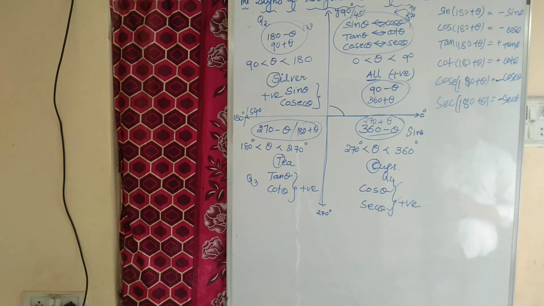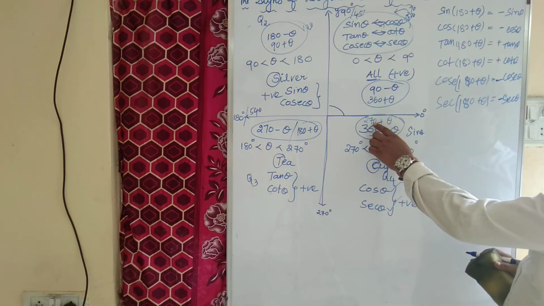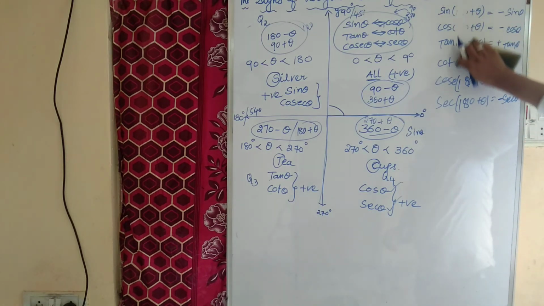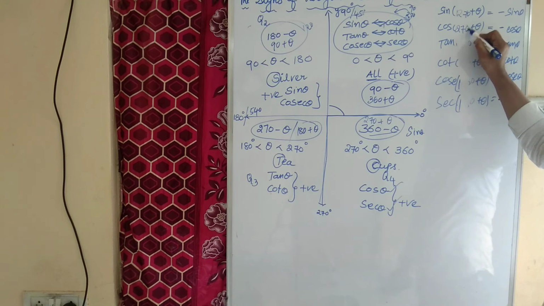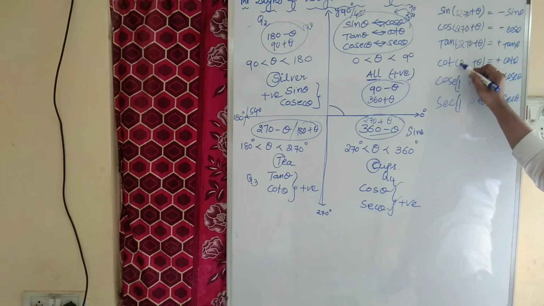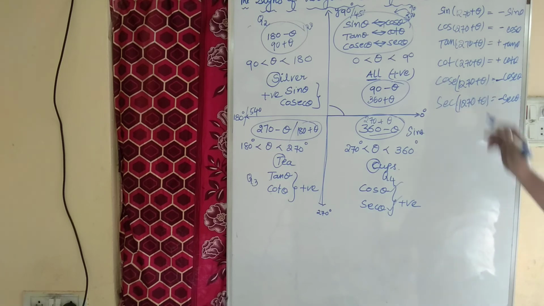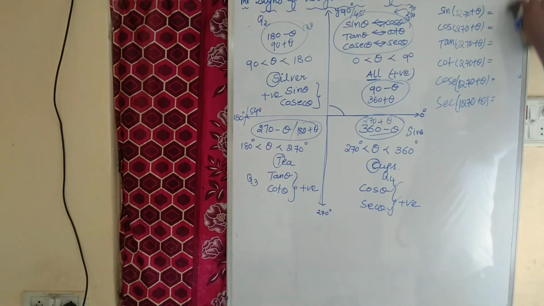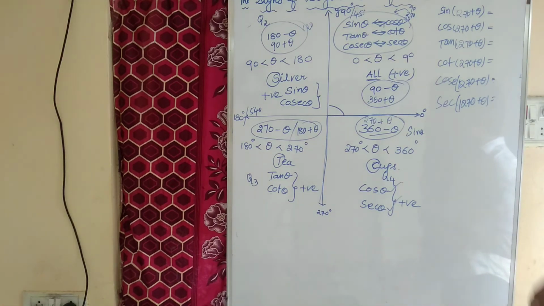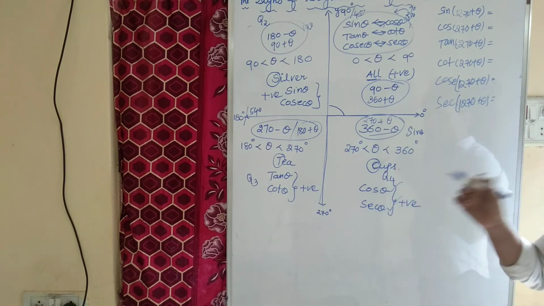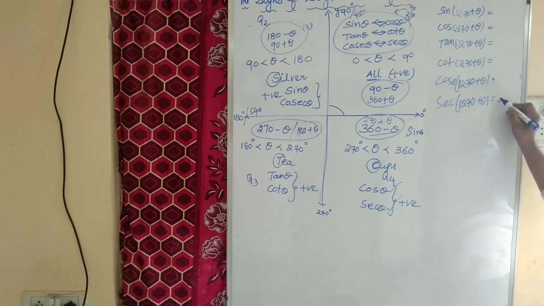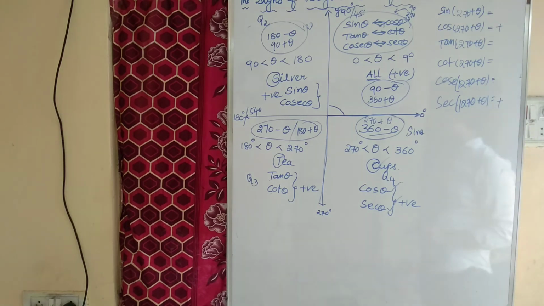Now coming to the fourth quadrant. The fourth quadrant is what? 270 plus theta. 270 plus theta is in the fourth quadrant. In the fourth quadrant, cos and the reciprocal of sec, both will be positive. Sec and cos will be positive.